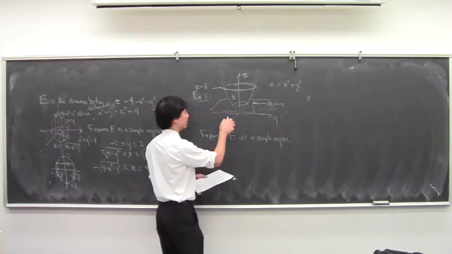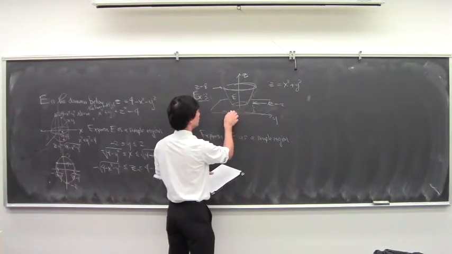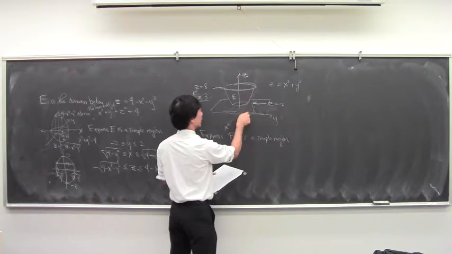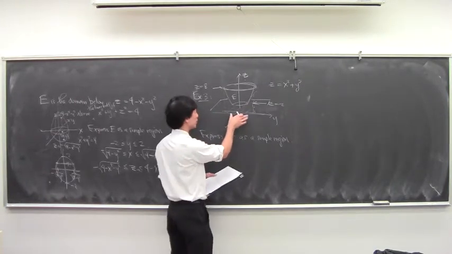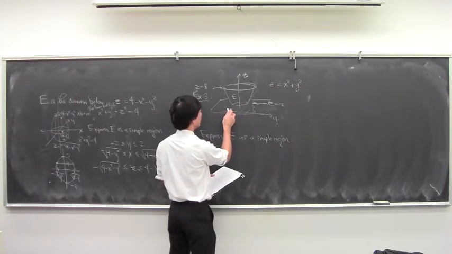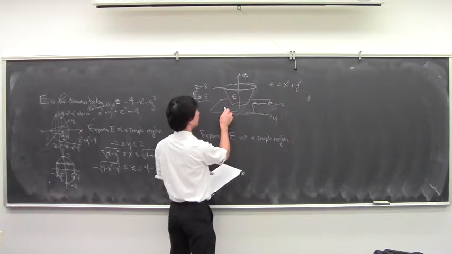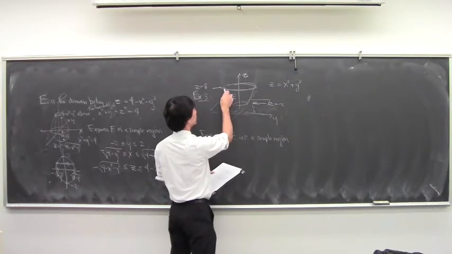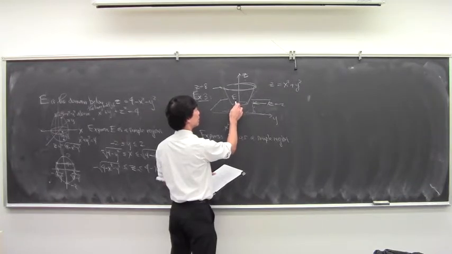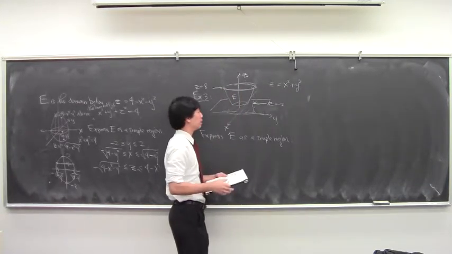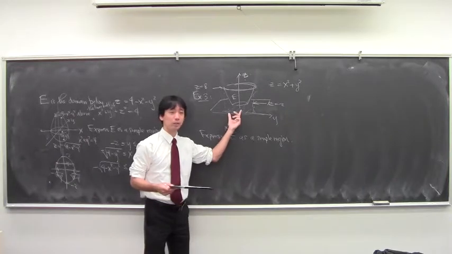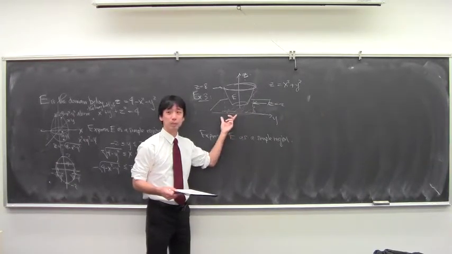If you took the shadow here, you'd say, okay, I can describe this thing. That's easy. It's a circle. You describe it as a circle, and then for each xy, you're going to go from this thing to 8. But then between here and here, you're going to go from 2 to 8, right? So you'd have to express it as two simple regions.